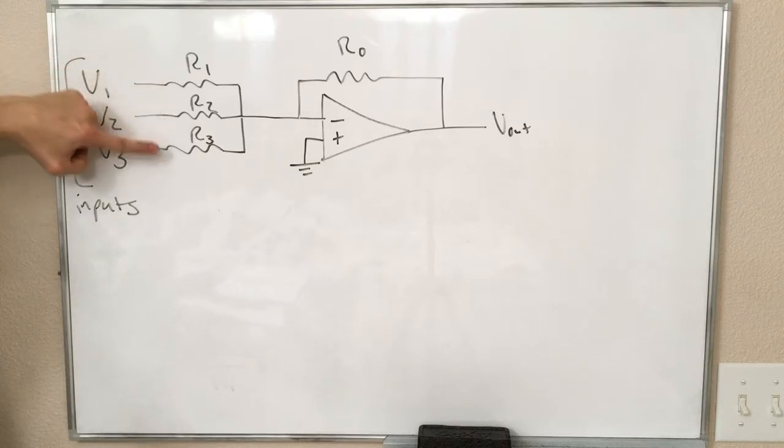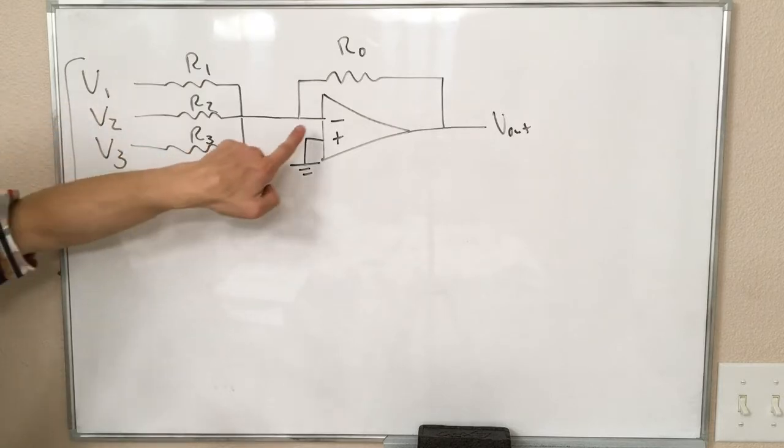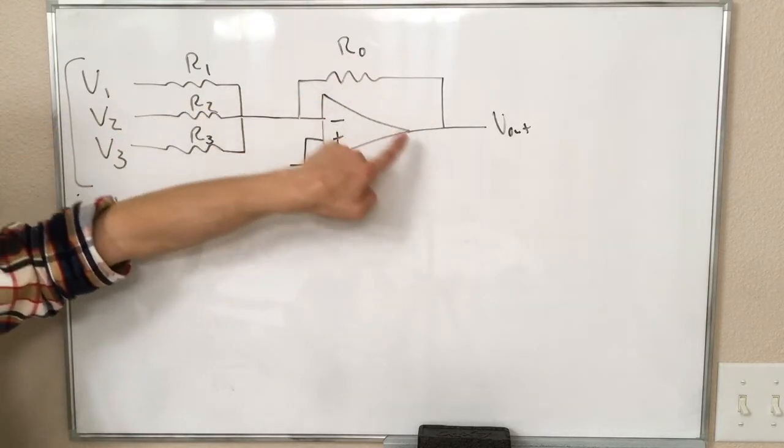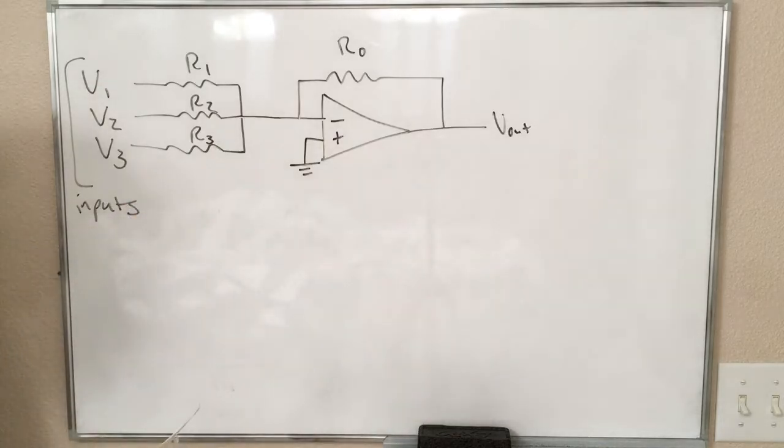These each go through a resistor, R1, R2, and R3, and then are connected to the inverting input, which has a feedback resistor of value R0 and is connected to the output.